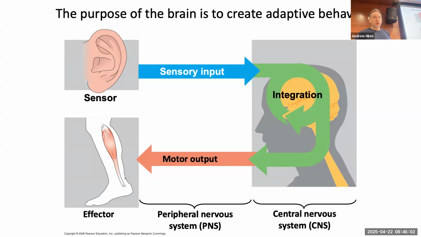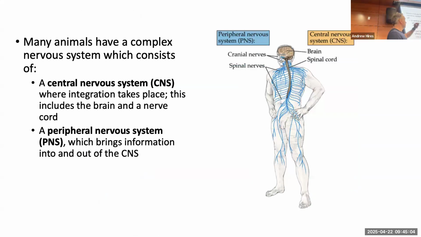Okay, so in the human, what part is considered the central nervous system versus the peripheral nervous system? Okay, so we've colored that in here in yellow or in blue. Okay, so the brain is the central nervous system. That's a big part. Cerebral cortex is a lot of it.